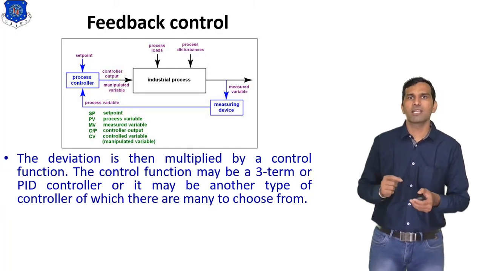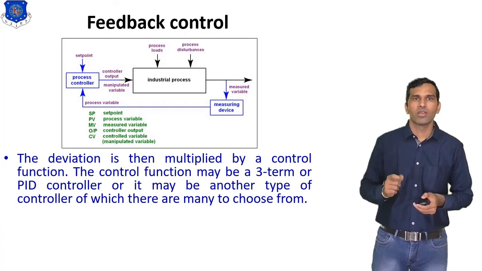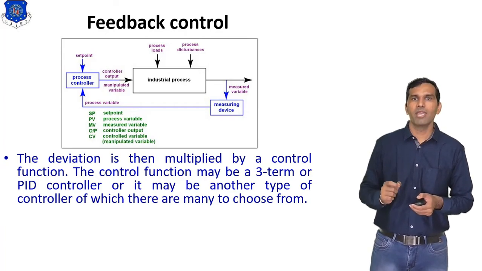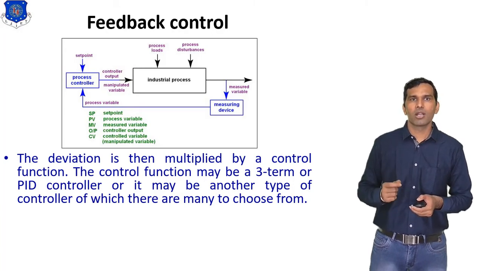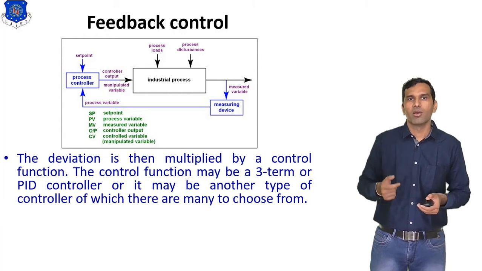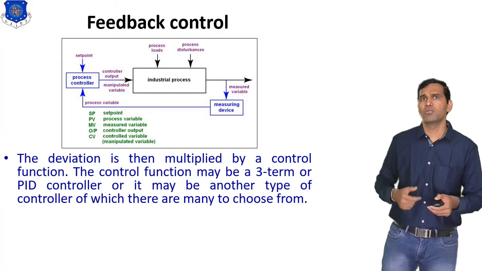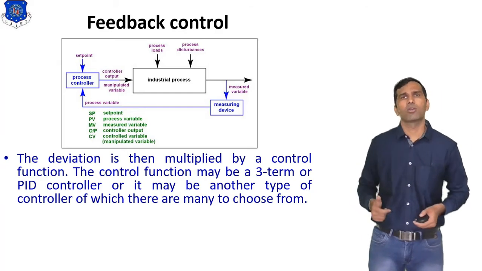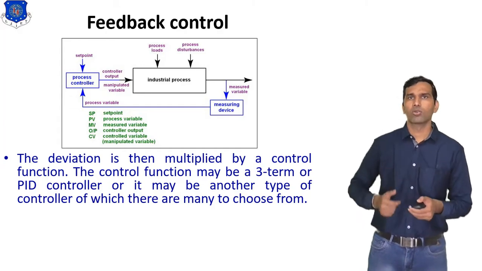Now the deviation is multiplied by a control function. The control function may be a P or PID controller, or another type of controller, which there are many to choose from. That means we can use any controller, such as a P controller, I controller, PID controller or PD controller, to control this error.